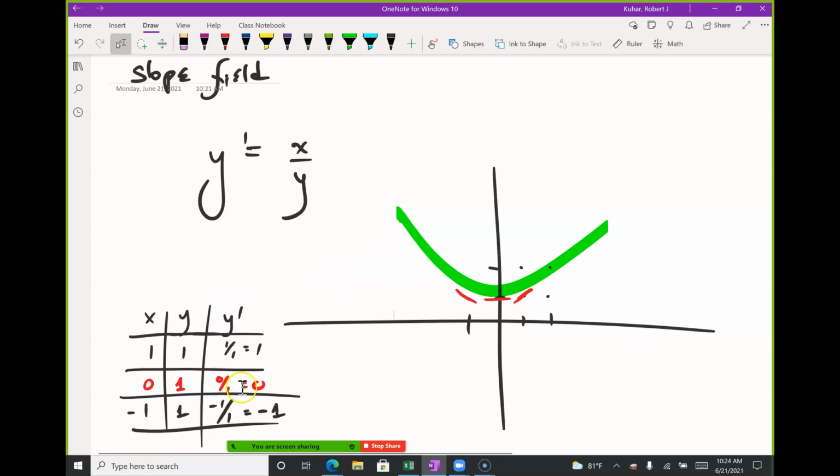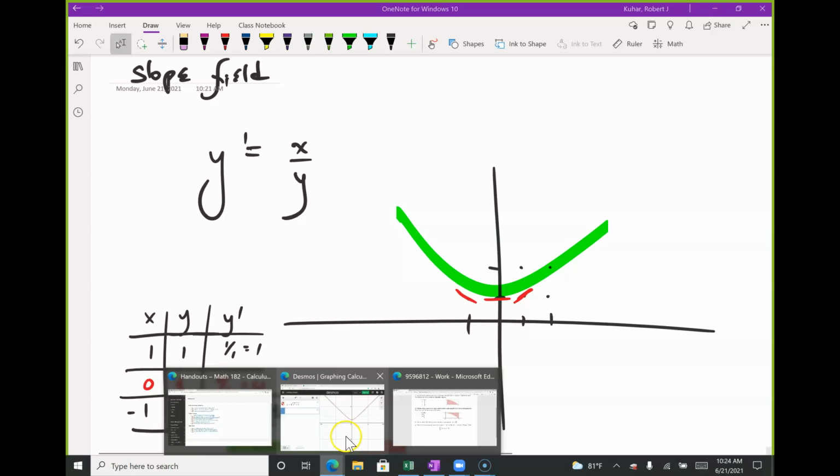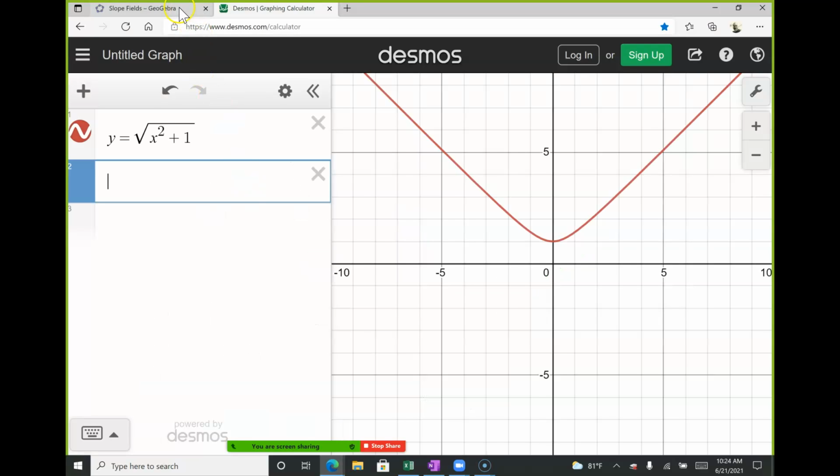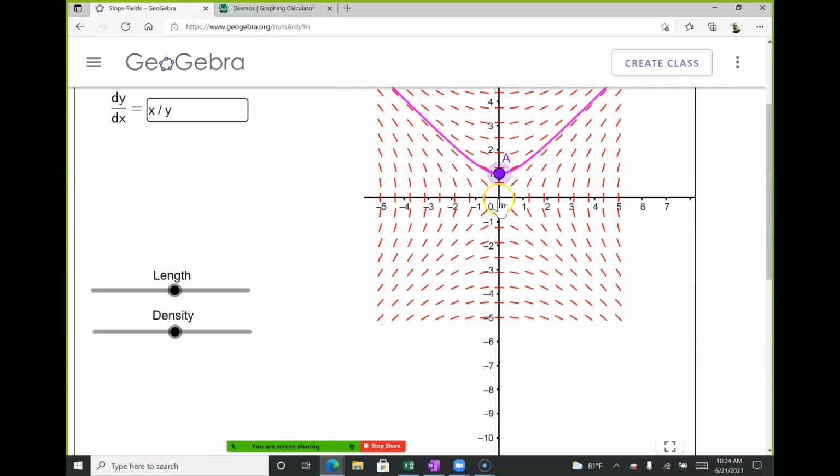But let's look at the slope field that GeoGebra generated for us. Look at 0, 0. It doesn't know what to do, but I'm saying there's very likely a horizontal and a vertical here. Of course, it's not in my domain anyway, so I've got to put in things in my domain for x and y. But look at a particular point here.